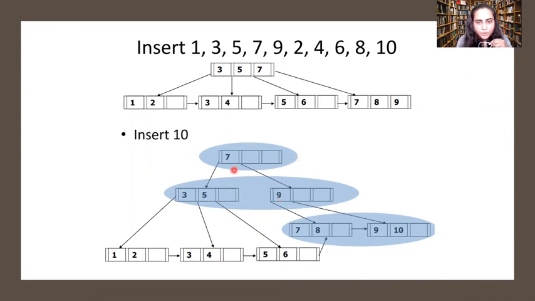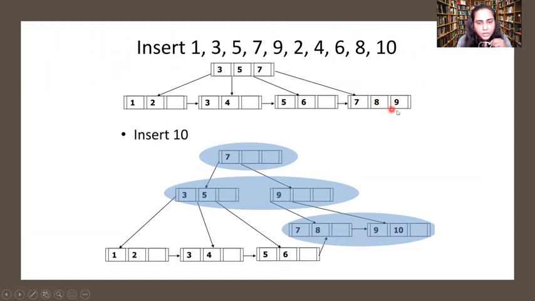You can see that there's one more level increased, and we'll see what happened there. First of all, 10 can be inserted only in this position, but this position is full, which is why I have to pick a node to go up, and that node would be 9, because I have 9 in the middle and it's the larger of 8 and 9.